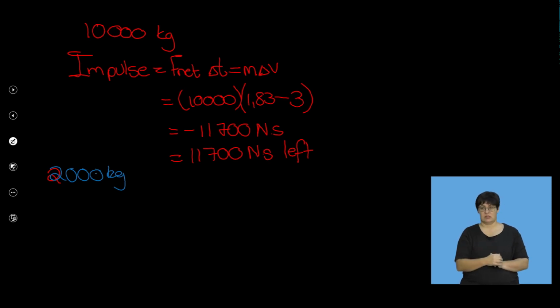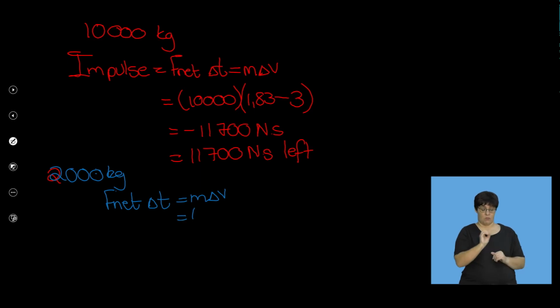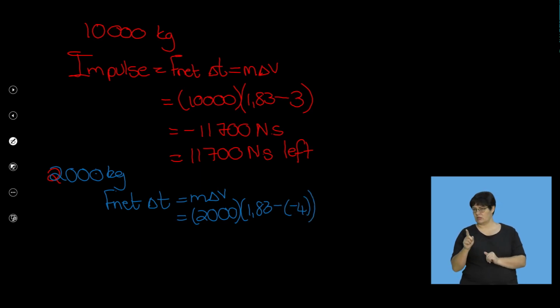All right. We want impulse. And now it's 2,000. Final velocity is 1.83. Its initial velocity was 4, but it was in the opposite direction, so it's -4. Let's just double check that I got that.